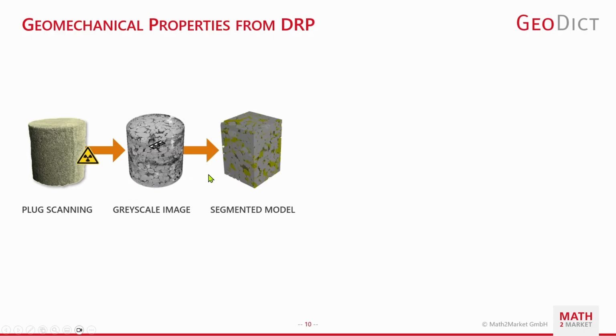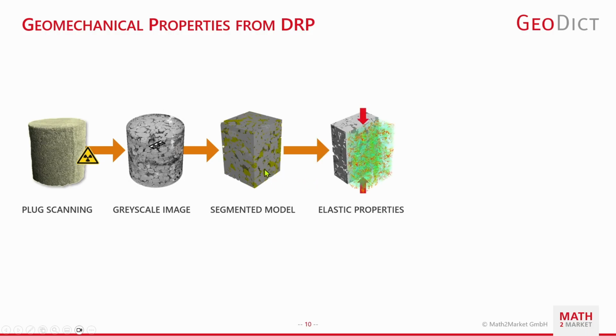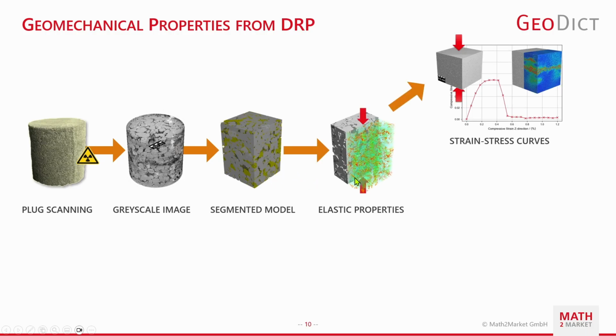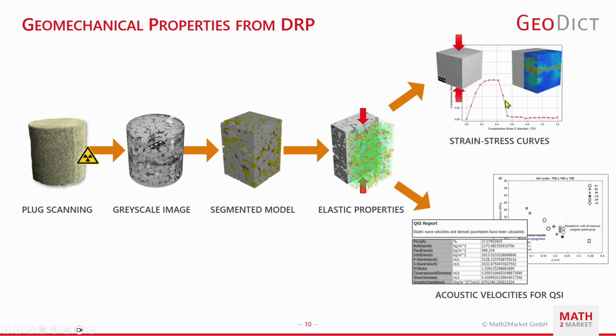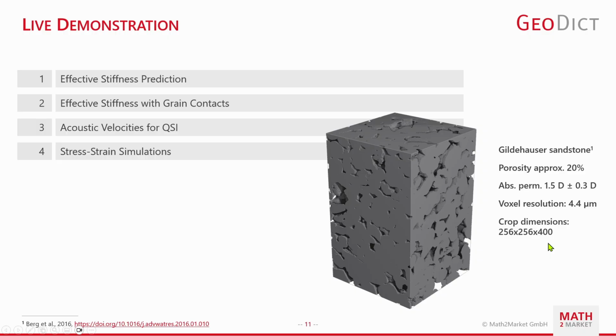With this grayscale image, you create the 3D digital rock model, which has dedicated separated pores and different rock minerals within the model. On this model, you can now predict both the rock's elasticity as well as the stress-strain curves and also the acoustic velocities, for example.